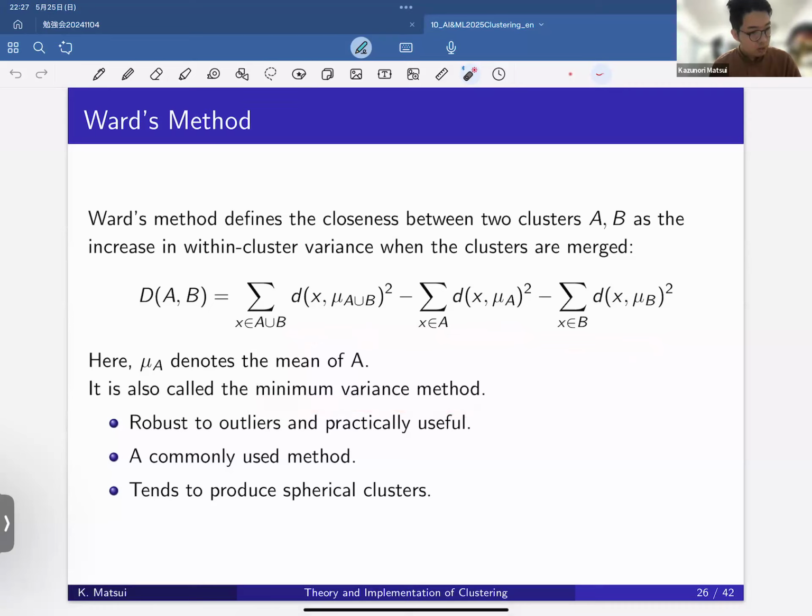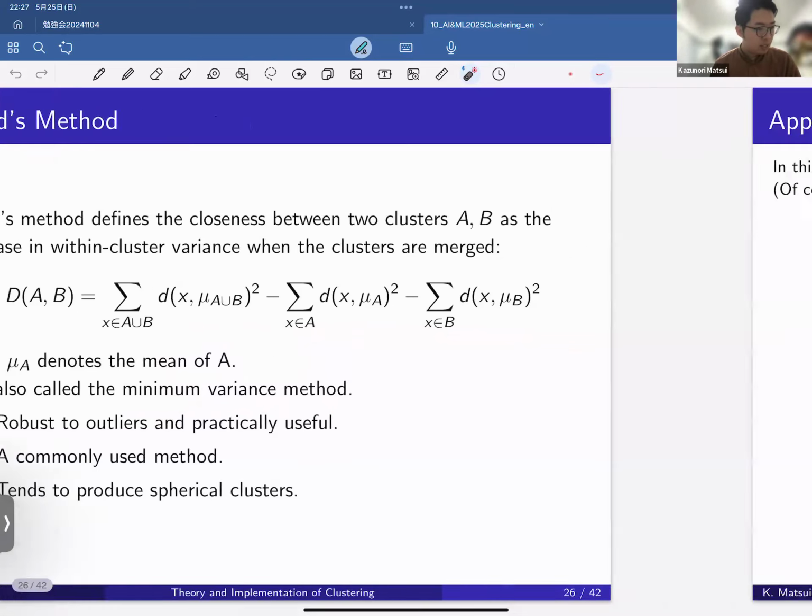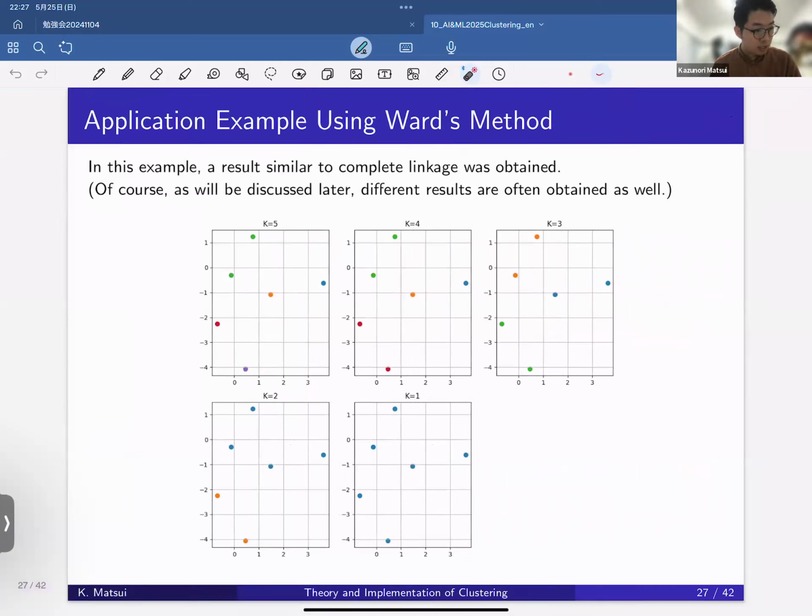It is known to be robust to outliers and practically useful, so it is often used. On the other hand, it has the property that spherical clusters tend to appear. In this example, results similar to complete linkage were obtained, but as I will discuss later, different results are often obtained as well.